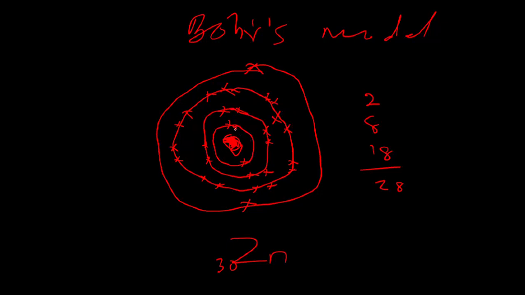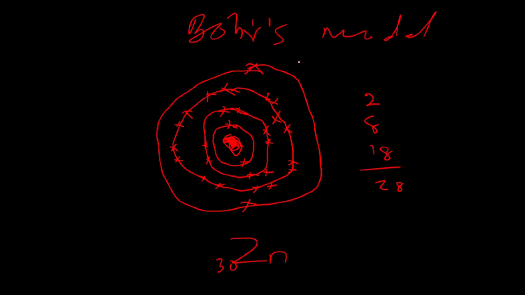Ta farko tana ɗauka 2, ta shell biyu tana ɗauka 8, shell ta uku tana ɗauka 18, shell ta hudu tana ɗauka maximum 32. So amma haka tunda we have just 2 electrons, we write them. But assuming we have 39 electrons, we write only 38. Sai mu je the next energy level, mu rubuta sauran electrons.